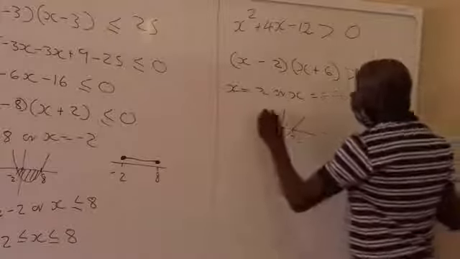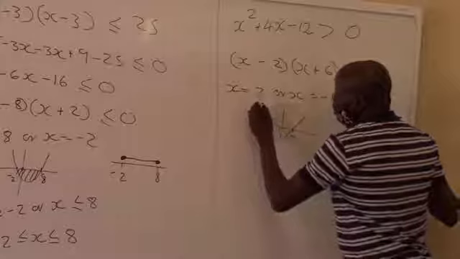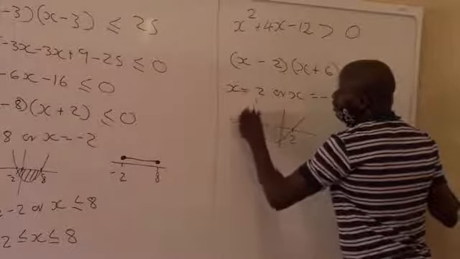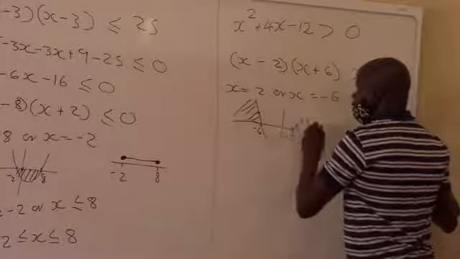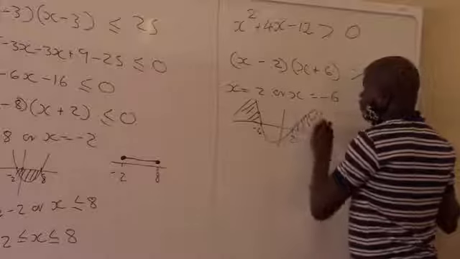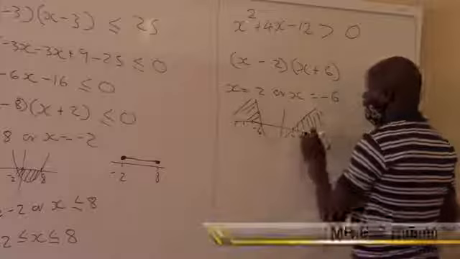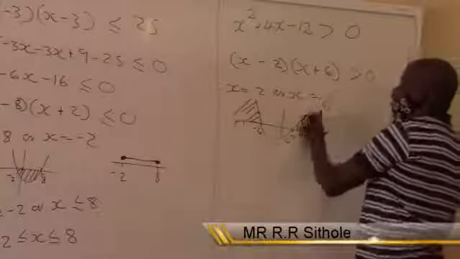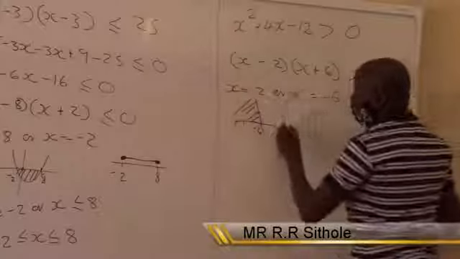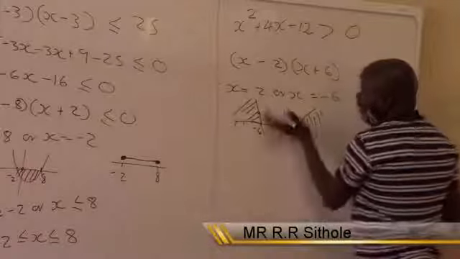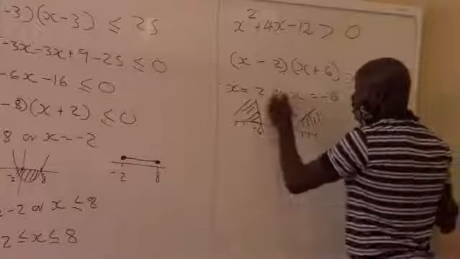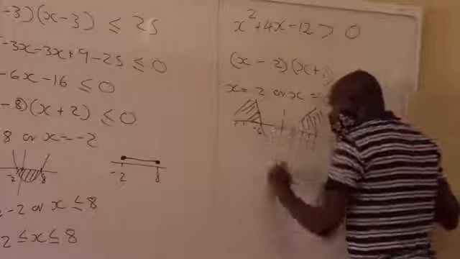So where is the greater than? We are talking about this region here and that region there. Greater than 0, we talk about anything above 0, which is positive, and anything less than 0, which is negative in this case.